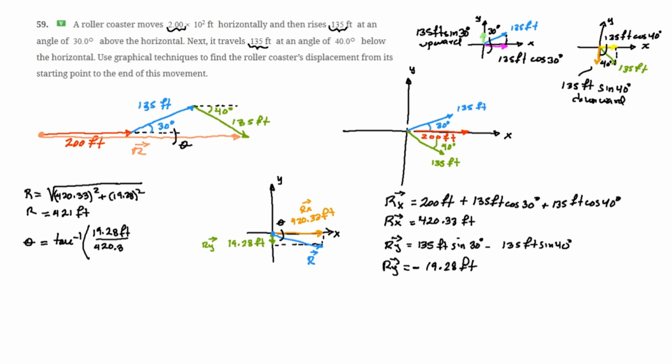So theta would be, when you find that tangent inverse, 2.63 degrees that you can approximate to approximately 3 degrees below the horizontal. Below the horizontal. Yes.